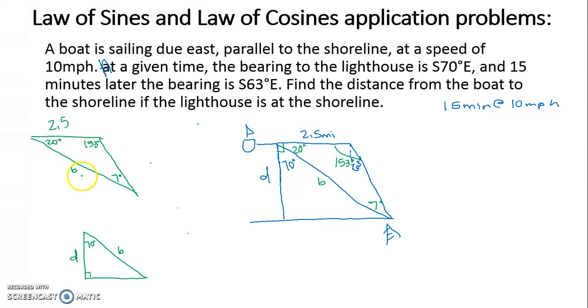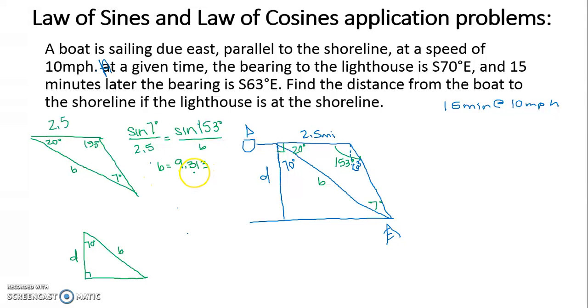I'm trying to find B. I know the angle across from it. Oh, I know 2.5 miles and the angle across from it. So I'm going to set up my law of sines. Sine of 7 degrees over 2.5 equals sine of 153 degrees over B. Cross multiply, divide. I get that B is 9.313.